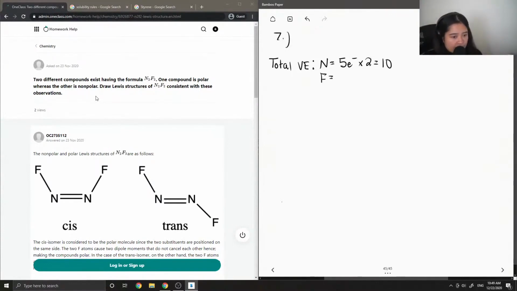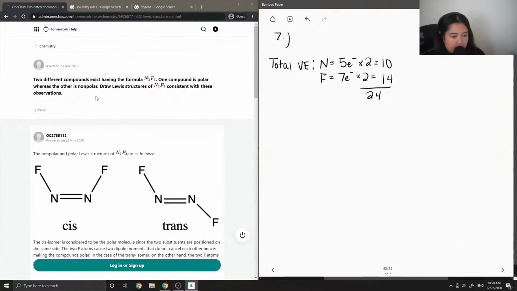And for fluorine, each atom has 7 valence electrons, and there are 2 of them, so we have 14. And then if we add this together, we have a total of 24 valence electrons.